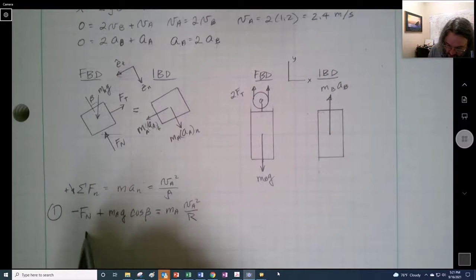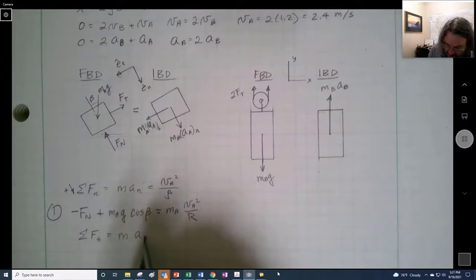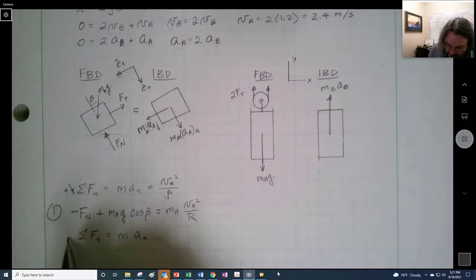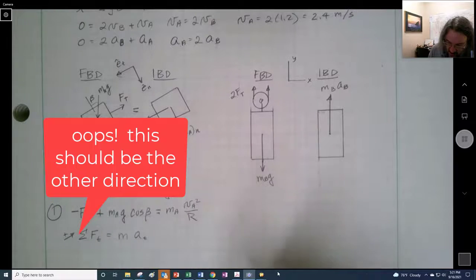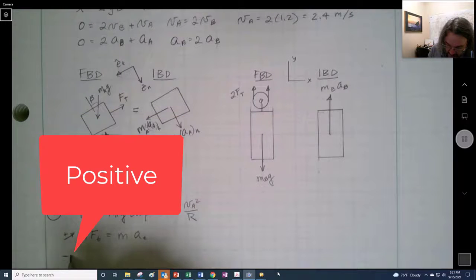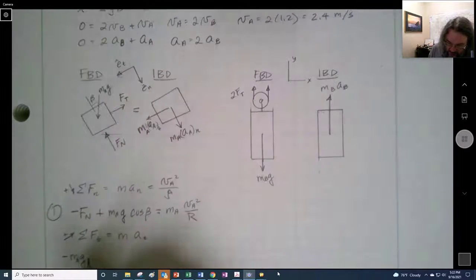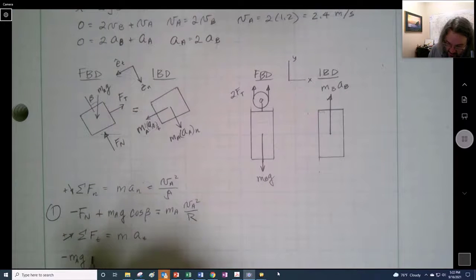So let's do the sum of the forces in the tangential direction equals mass times acceleration in the tangential direction. And of course that's going to be this way on this. So we're going to have a negative m_A g, and it's going to be the sine of beta.